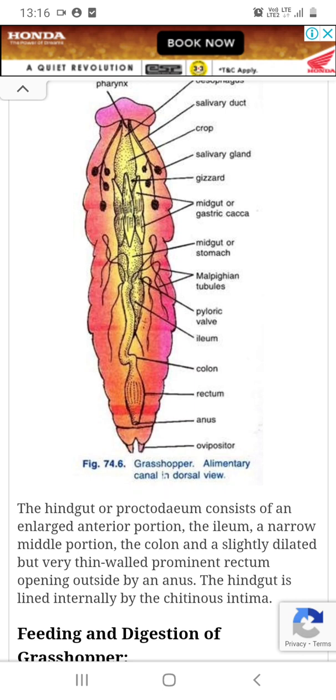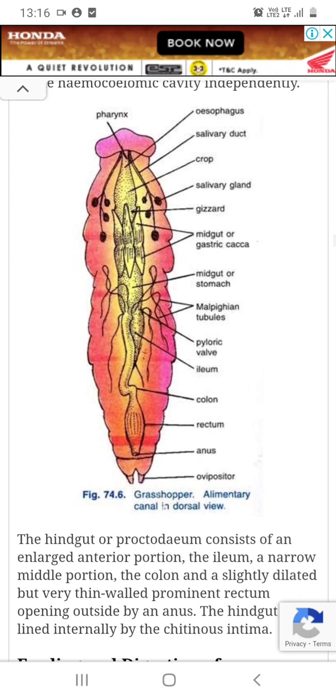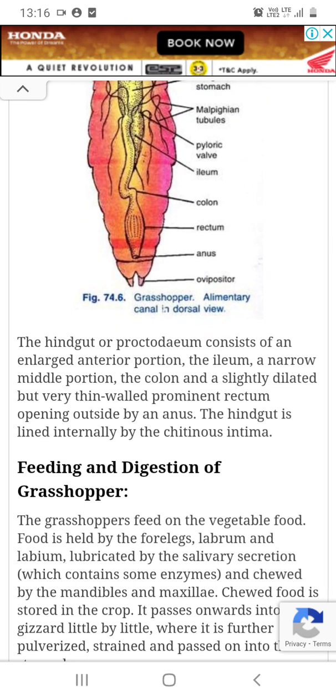This is the structure of the alimentary canal of grasshopper, starting from the mouth, pharynx, esophagus, salivary glands, which are the digestive glands, then gizzard, midgut, Malpighian tubules, which are the excretory organs, and the pyloric valve, which terminates the mesenteron or midgut region, then ileum, colon, rectum, and anus.